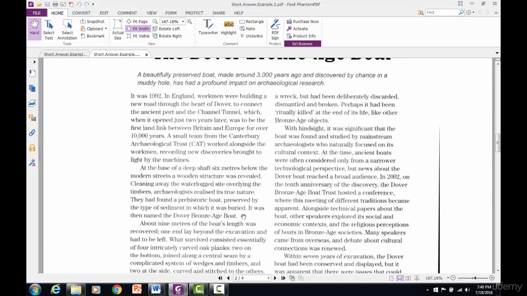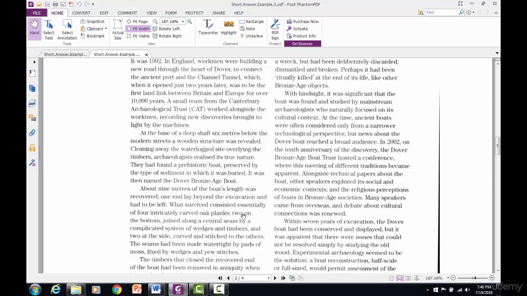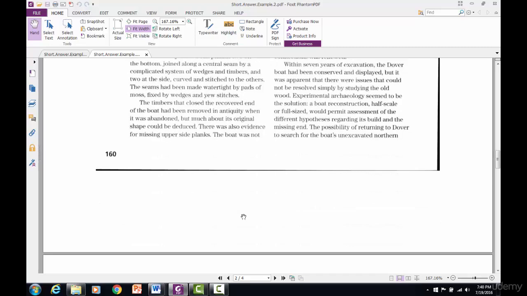I found 2012, but I'm going to look on this first page and make sure I don't see 2012 again. As I was scanning up, I saw the number 2012, but I don't see it on this. I see 2002, but I don't see 2012.